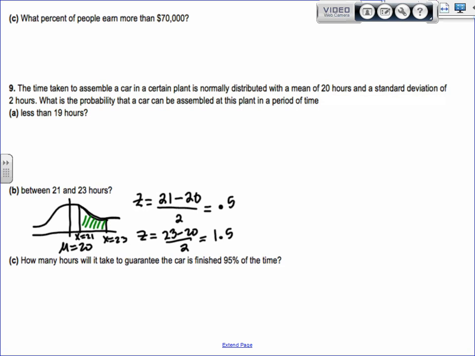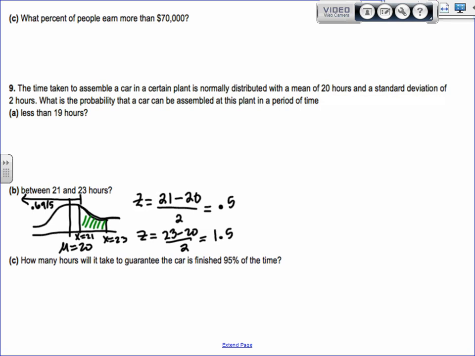So when I look up 0.5, we've looked that up several times today, we get 0.6915. So that is going to be the area, or the probability on the left, 0.6915. See how it's more than 50%, more than the center line of the bell curve. And then the 23 gave me a z-score of 1.5.